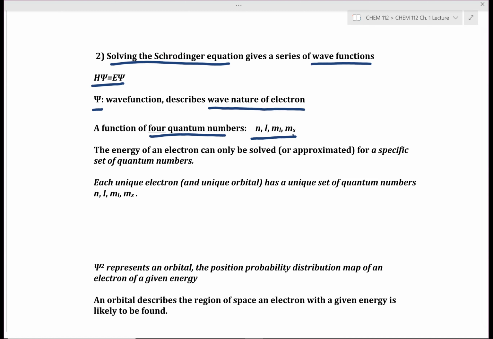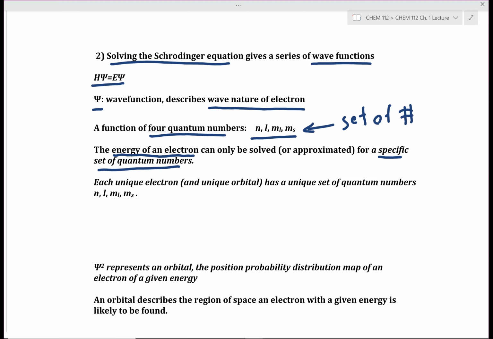Okay. So in effect, we can only really figure out or solve for the energy of an electron for a specific set of quantum numbers. So we're going to look at a set of quantum numbers, and we're going to look at the wave function and the energy of an electron for that set of 4 quantum numbers.